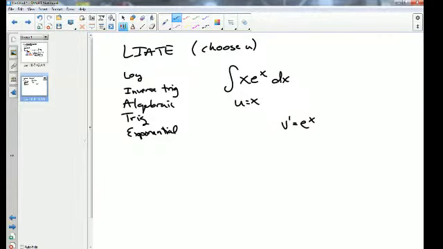If you get the product rule and you write it out for derivatives, then take the answer and integrate, that's directly where this comes from, and it requires that this is the derivative. Okay, so u prime is 1 and v is e to the x.